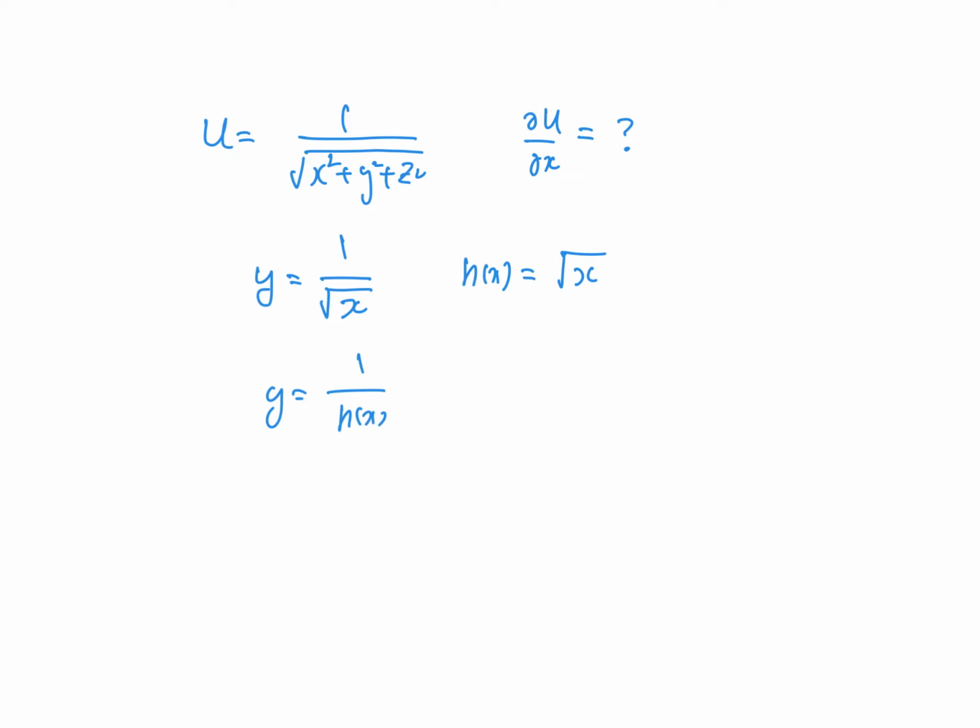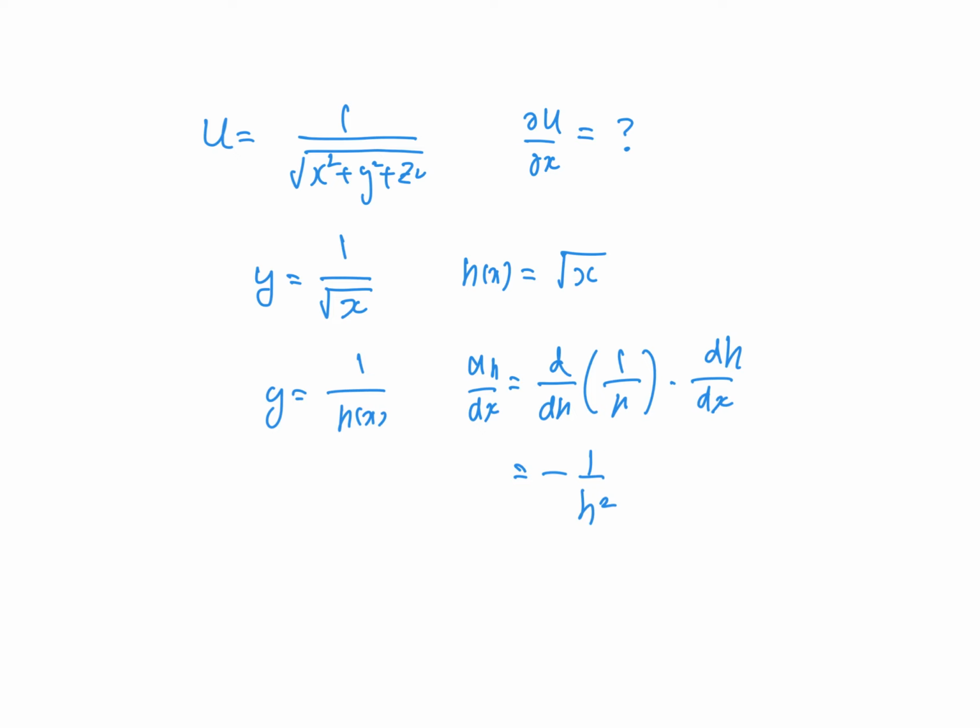So dy/dx is dy/dh times dh/dx. If we differentiate 1 over h by h, we get minus 1 over h squared, right?